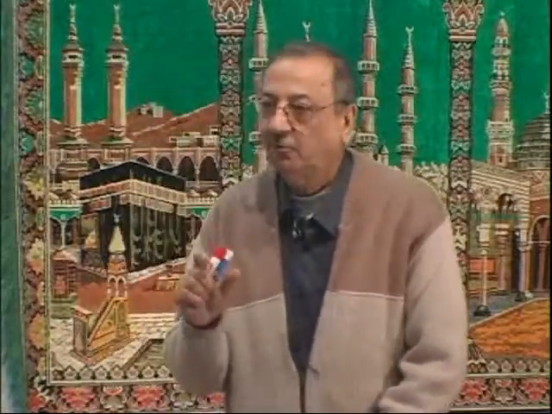Brothers and sisters, these are the 4 grammatical elements which have no independent declension of their own. What are they? Naat, badal, atf, and tawqeed. These have no independent declension.